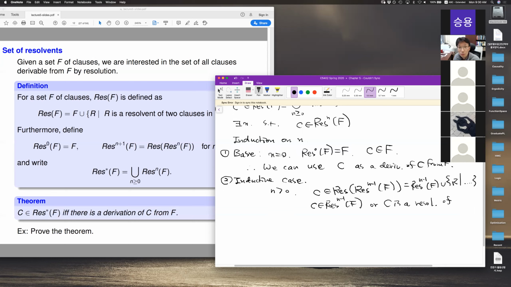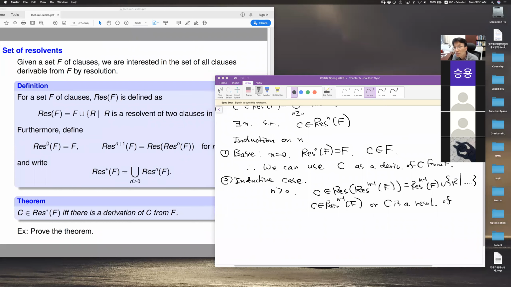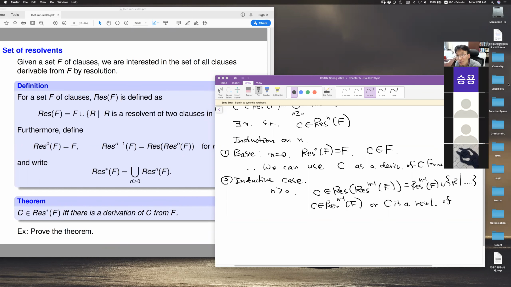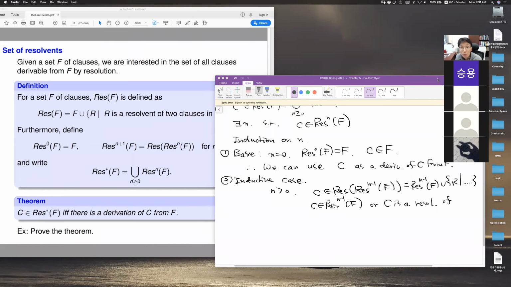Do you see any problem here? Somehow all the students became unmuted. Is everything okay?